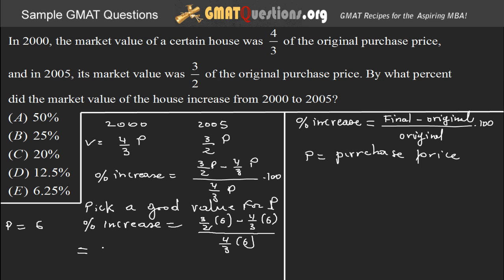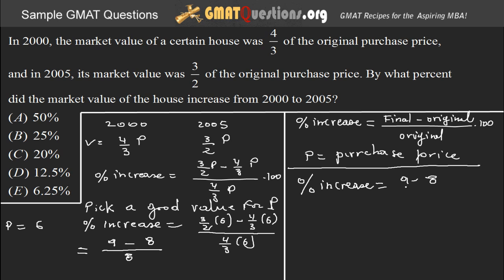So 3 times 3 is 9. You can put 9 here. Minus 6 over 3 is 2. 2 times 4 is 8. Minus 8, divided by 8. Again, I'm going to put the 100 at the end. So we're going to continue here on the right side. The percentage increase is 9 minus 8 over 8, which is equal to 1 over 8.